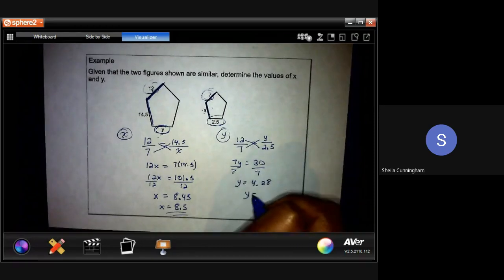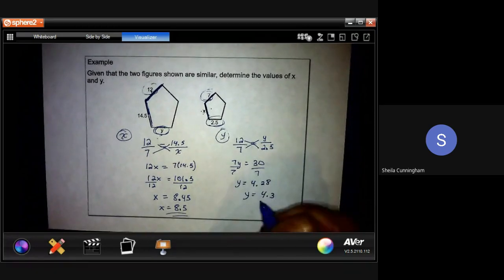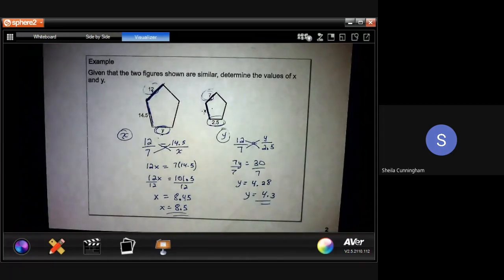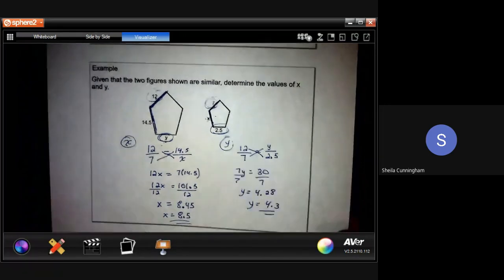But again, if I round that to one decimal place, that's going to work out to 4.3. And again, no units of measure, so we don't have to include any units of measure there.